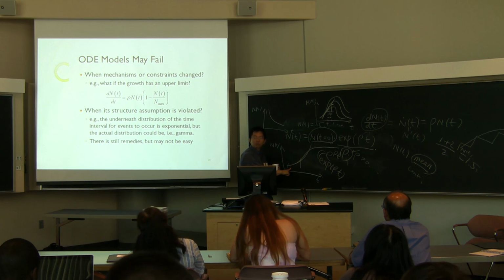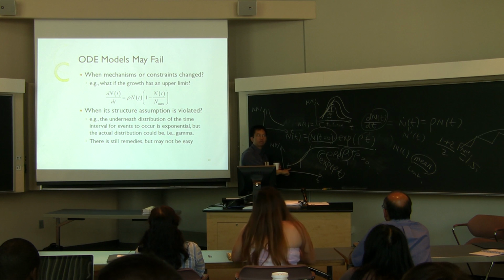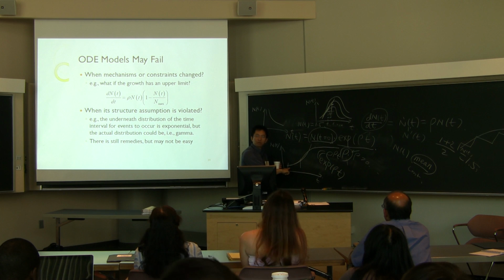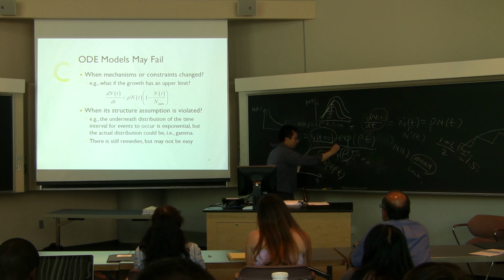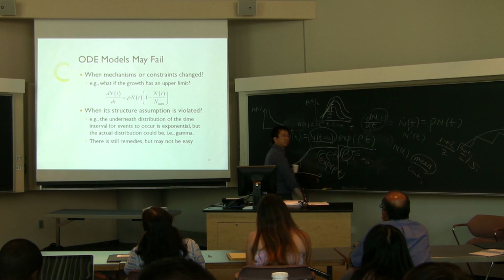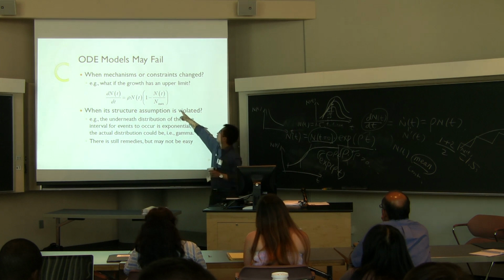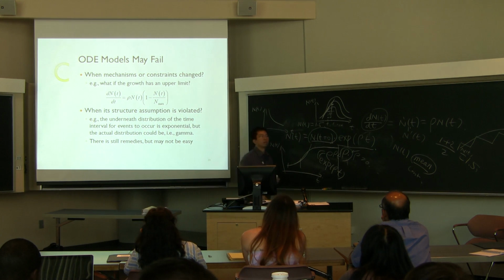I can use the exponential growth model because I know the saturation will never occur. But once I know that in my experiments I will get saturation, then I have to take this into consideration.